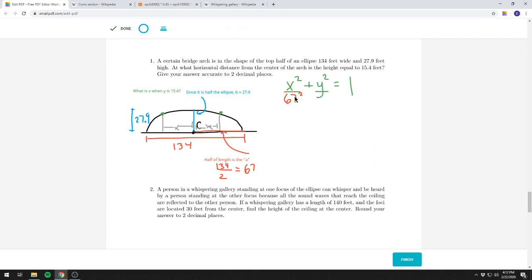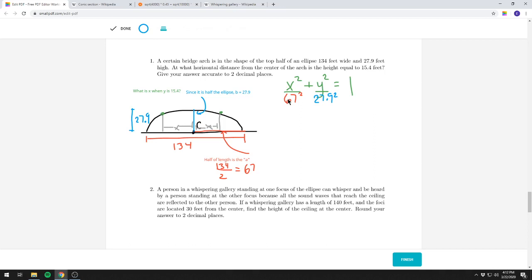But once again, we have to put it squared. And don't forget about that. So we got x squared over 67 squared plus y squared over 27.9 squared equals 1.